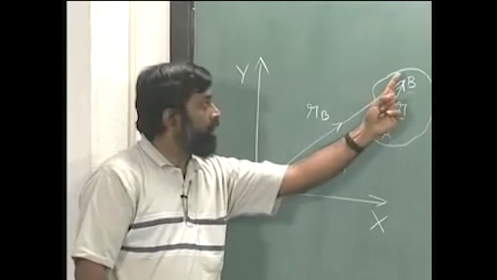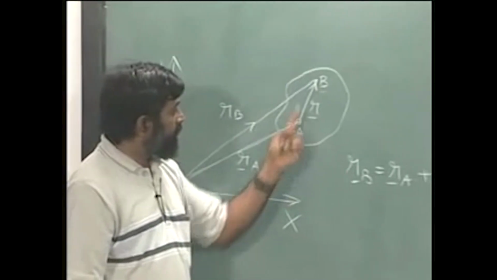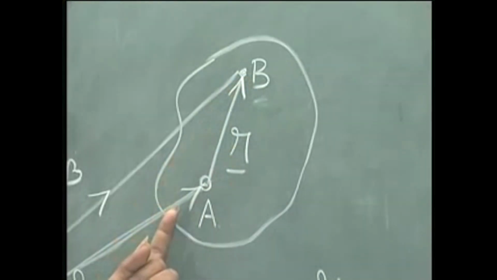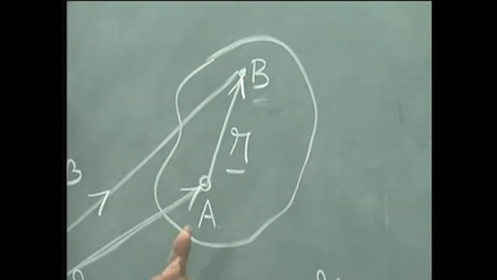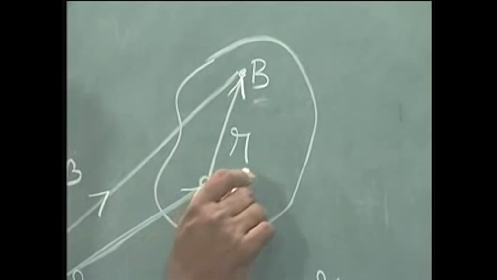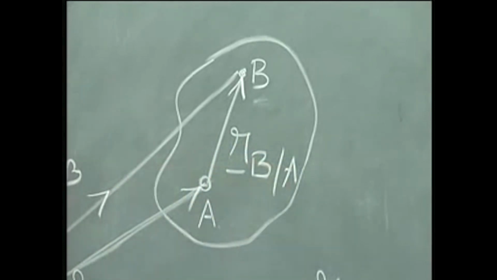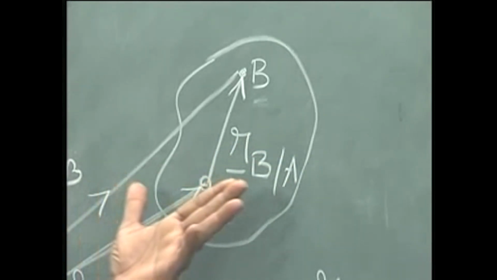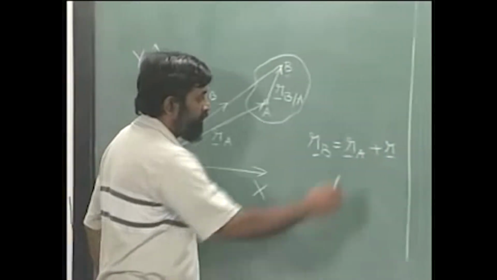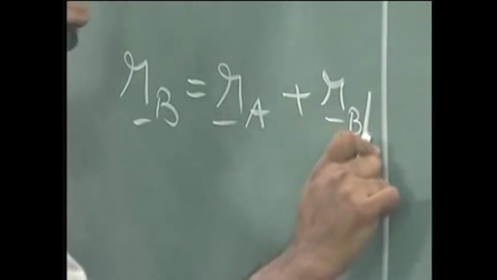RA plus R is equal to RB. Okay. Remember, we have defined B with respect to A. As you can see, it emanates from A, goes to B, and therefore, this is the position of B with respect to A. Okay, an important point to note. Okay. So, I am going to write that over here, R of B with respect to A.